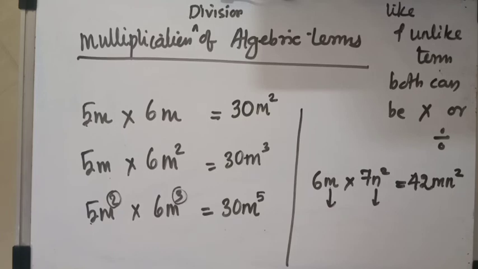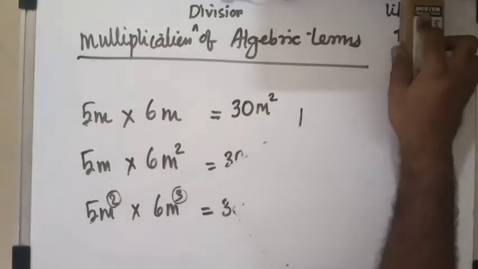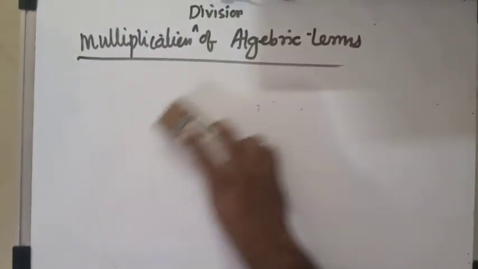Now division. So children, you got how you need to multiply algebraic terms.